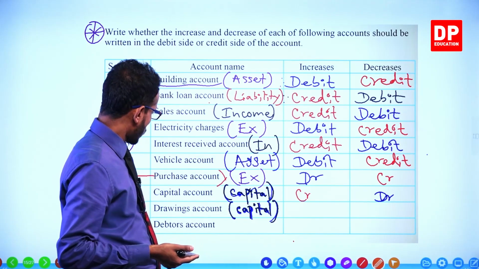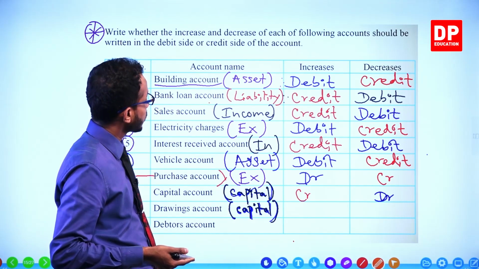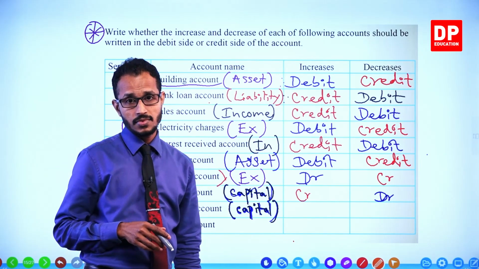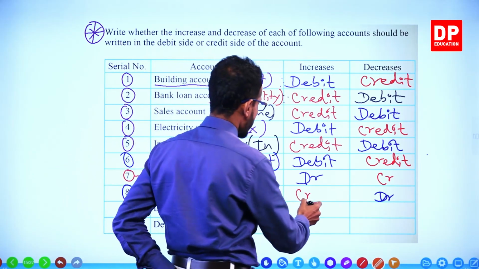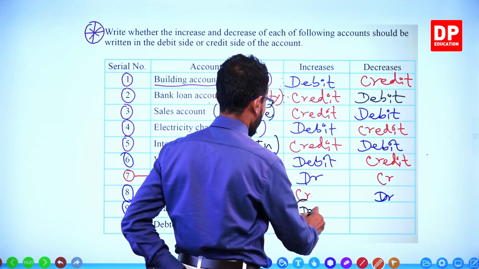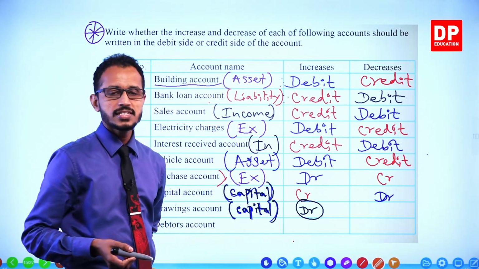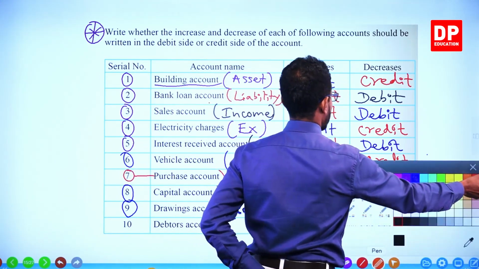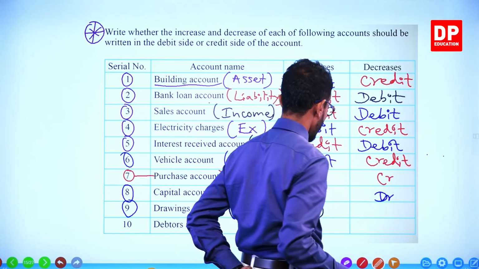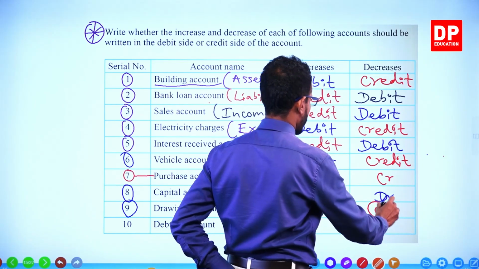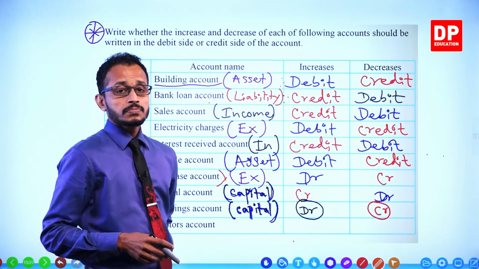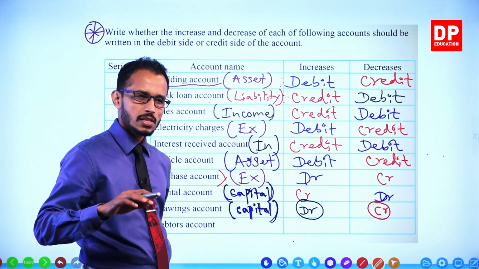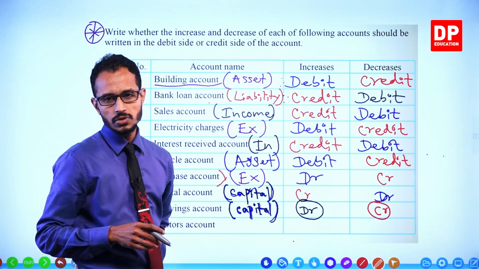But drawings account acts differently. Remember, drawings increasing is a debit. Drawings account is always increasing a debit. There's a slight problem, a small issue.